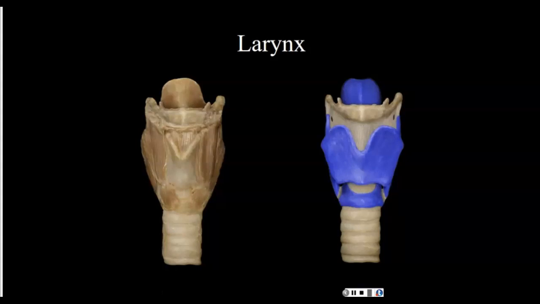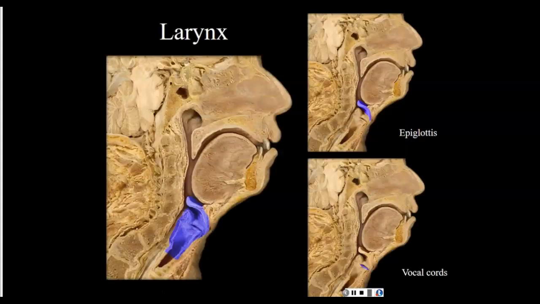So here they are. Thyroid, cricoid, epiglottic, or epiglottis, if you want to just name it that, that's fine. There's the epiglottis on our cadaver, and the vocal cords are right below it.